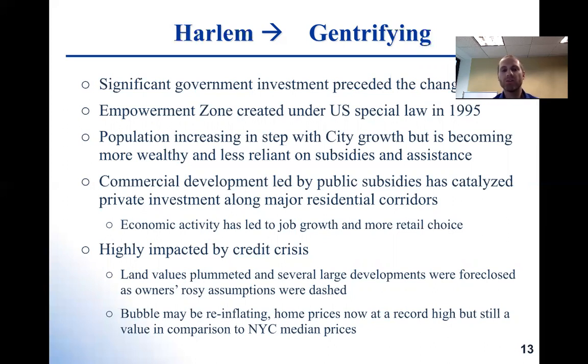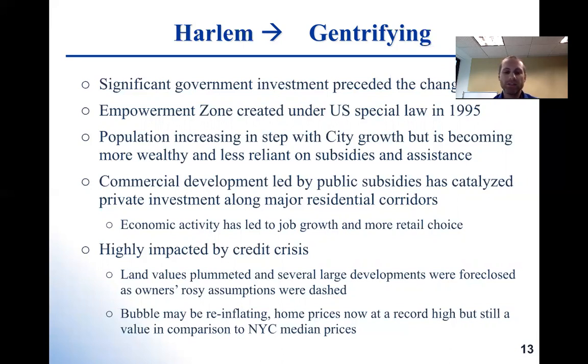And these empowerment zones that I mentioned, enterprise zones that I mentioned before, is a federal place-based policy enacted in 1995, where it created a few different places in the U.S. to receive federal government spending, investments to encourage gentrification, to encourage economic development and growth. And coinciding with all the government investment, more people started to move in, and also more private investments also started to take place, coinciding with the public investments. So there was a lot more investments and new retail coming to the area.